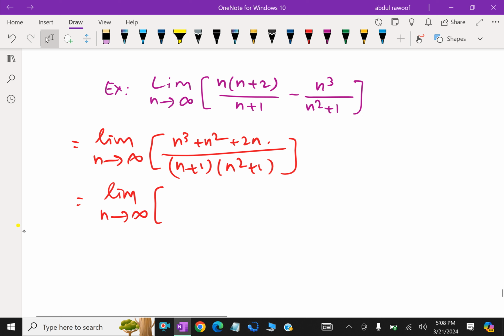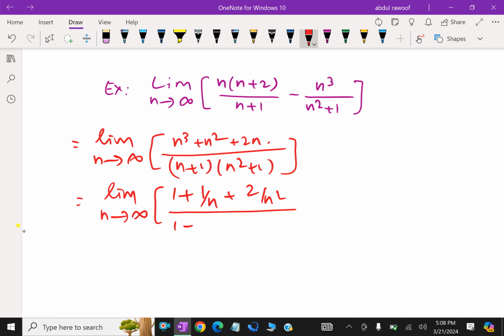It becomes n cube over n cube is 1, 1 over n, 2 over n square, and dividing the denominator by n every time, n by n is 1 over n, and n squared by n square is 1 plus 1 over n square.